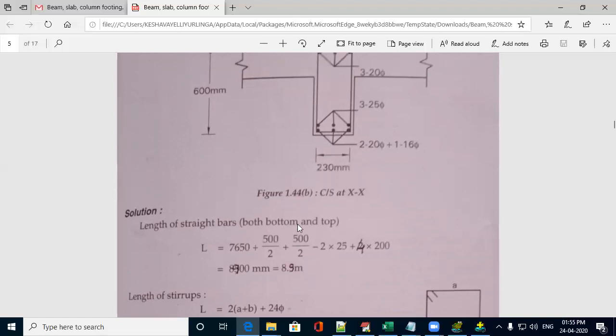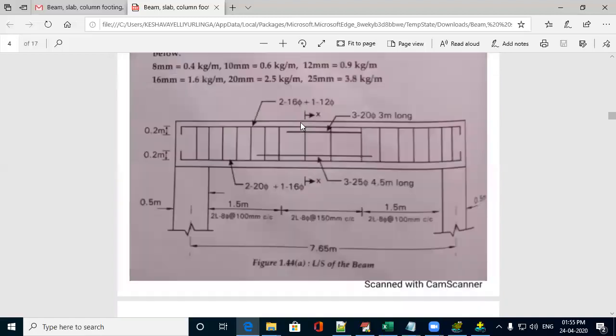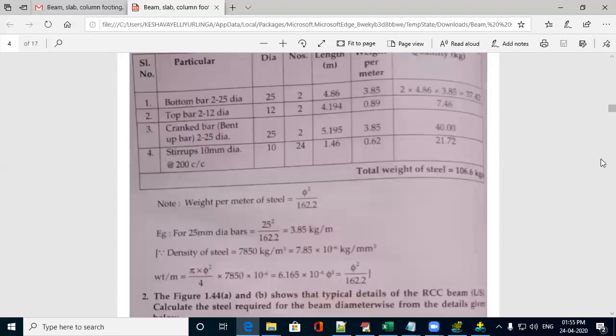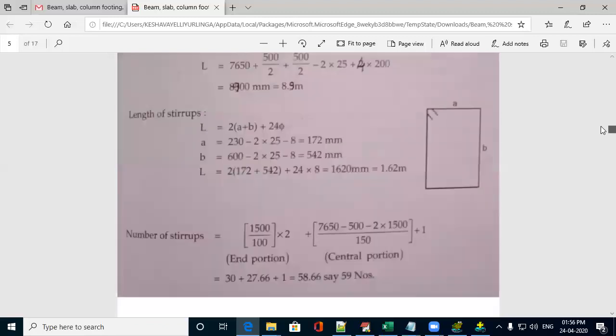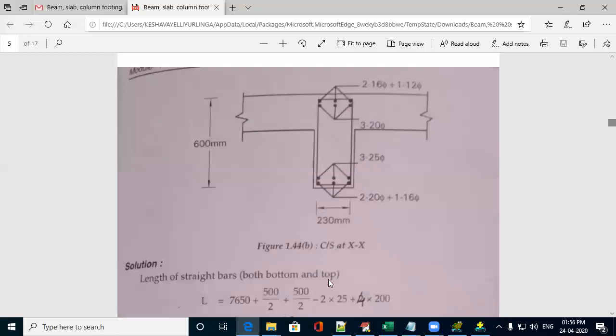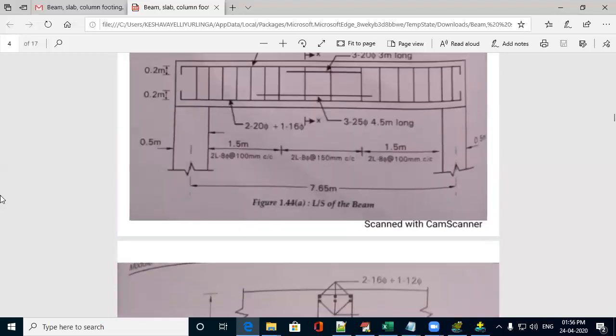So the total length of the beam without deduction will be 7.65 plus 500 by 2 and 500 by 2. You also need to deduct for cover. Observe this, all the dimensions are taken in mm to get the total length of the bar.